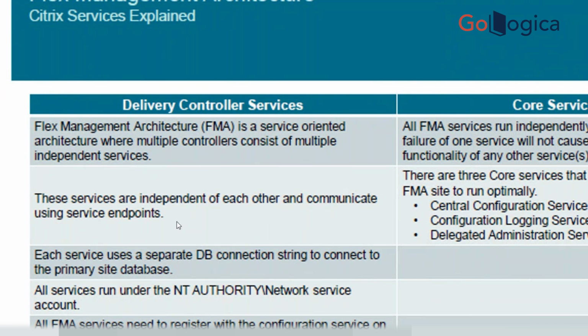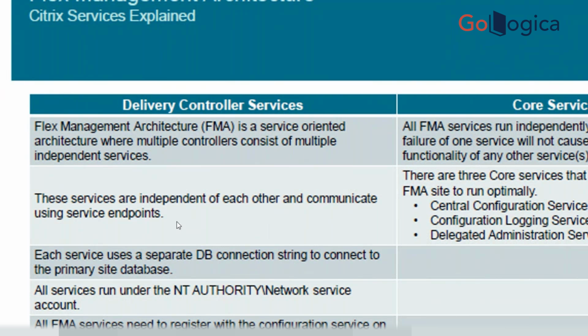In FMA, all the services are independent. They are not dependent on other services for working. This is the main point. All these are independent, and each service uses a separate DB, a database.